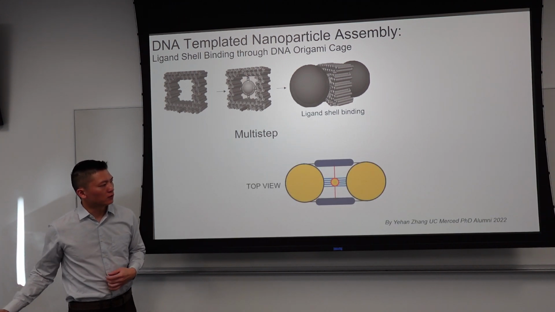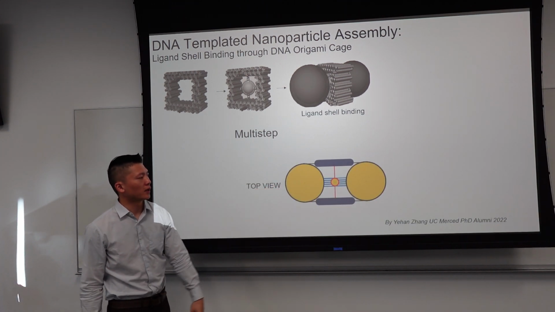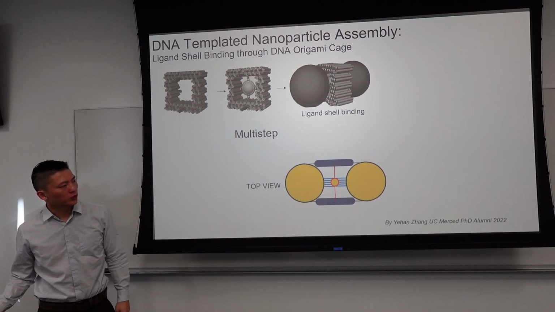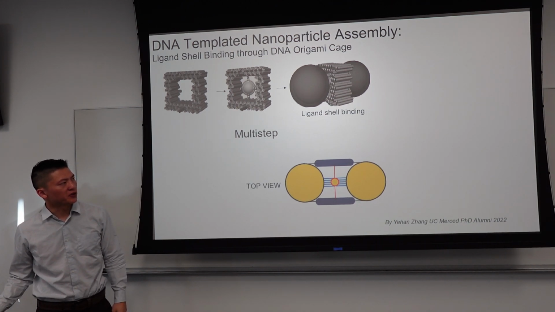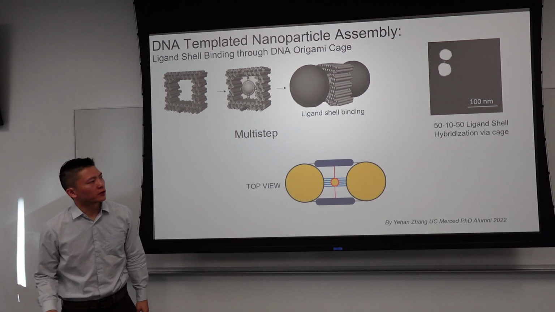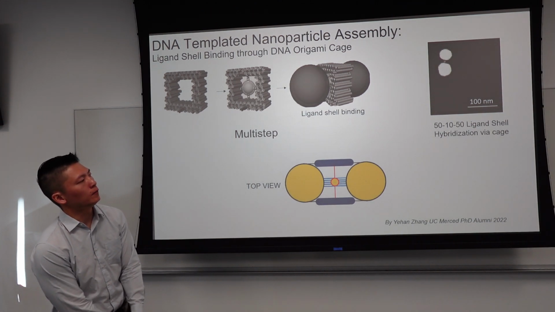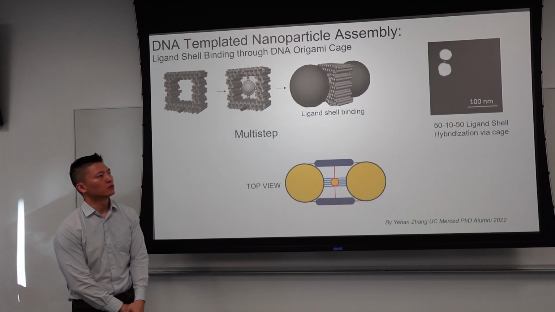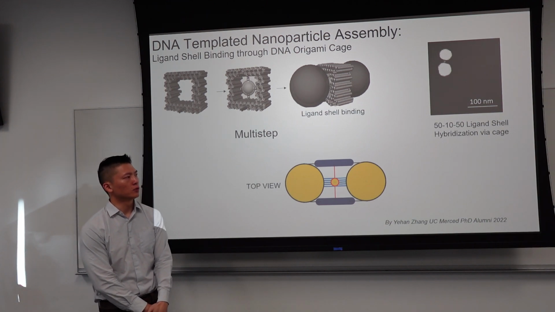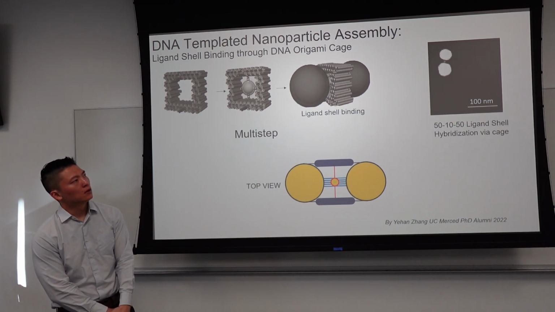The top view here indicates the ligand shell binding between the exterior and interior nanoparticles. And here is an SEM image of the product that he was able to assemble.